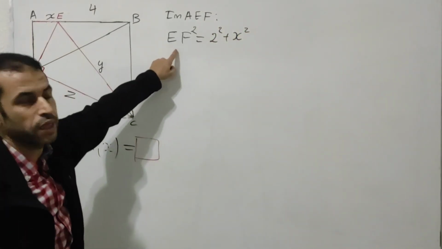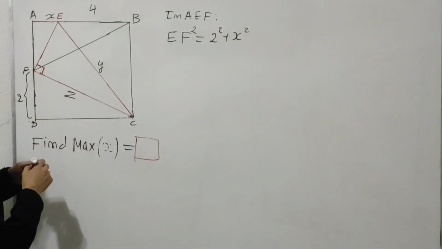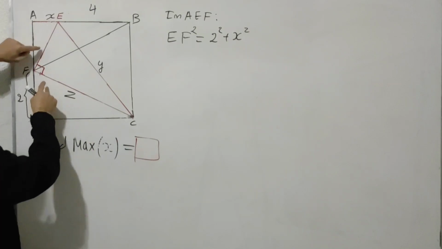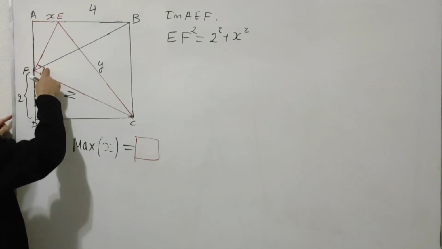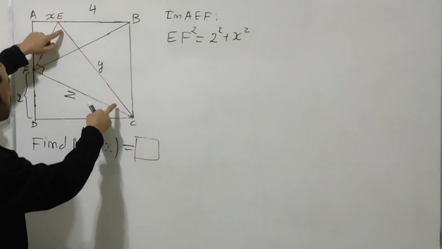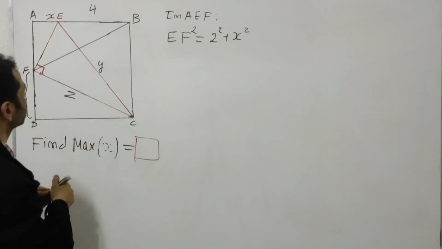Now I'm going to find EF. If you take a look again at the triangle EFC as a right triangle, because we have 90 degrees here, I'm going to apply the Pythagorean theorem.